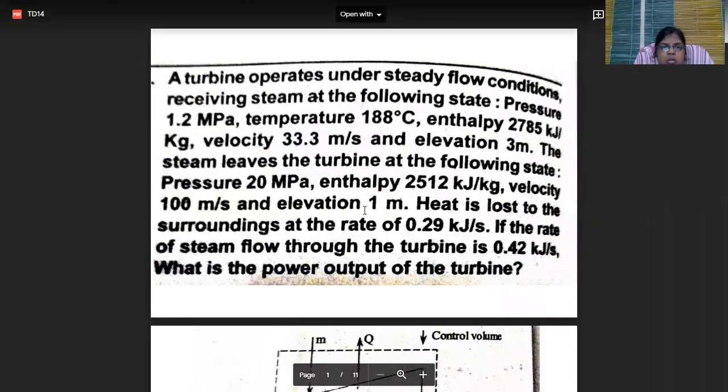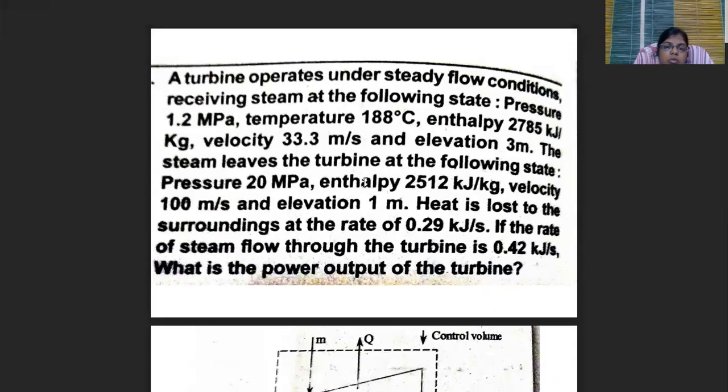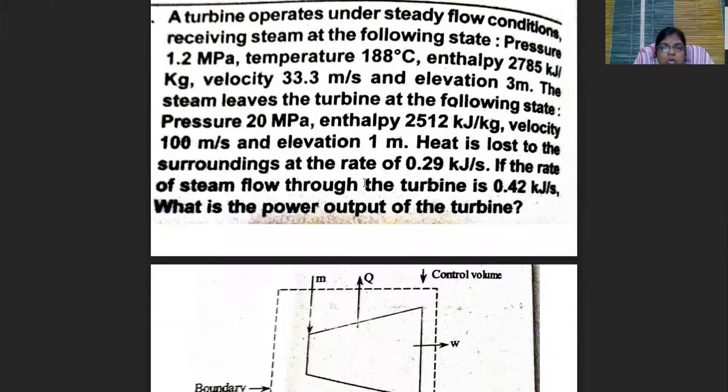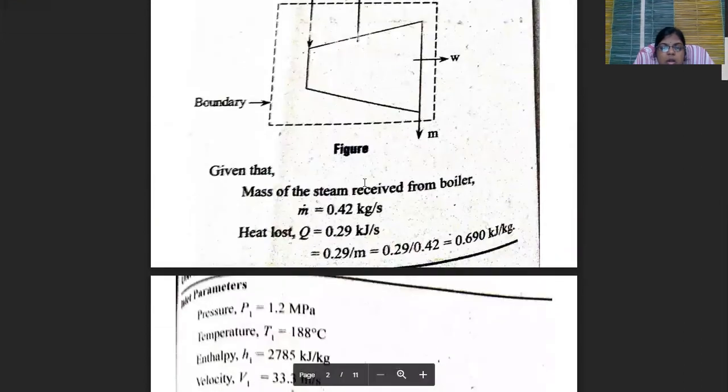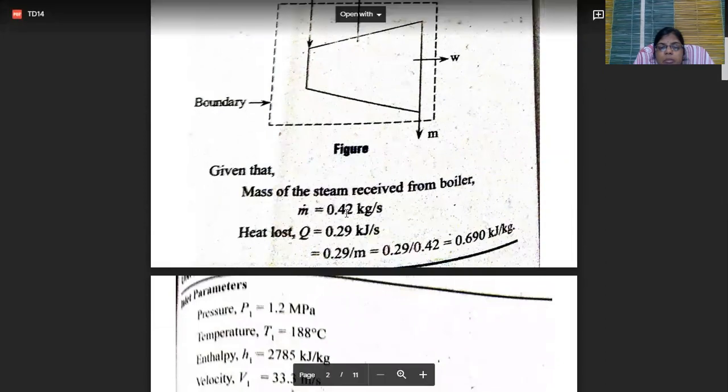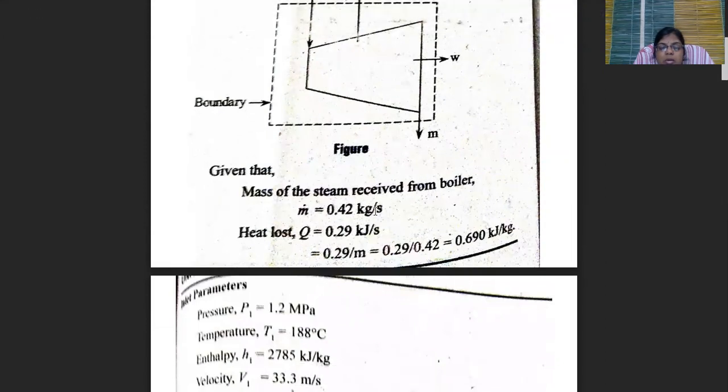So let us check the problem. The rate of steam flow through the turbine is 0.42 per second, that is the mass flow rate, the mass of steam received from the boiler, m dot. As I said in the previous class, whenever there is a dot above the m, it indicates per second.